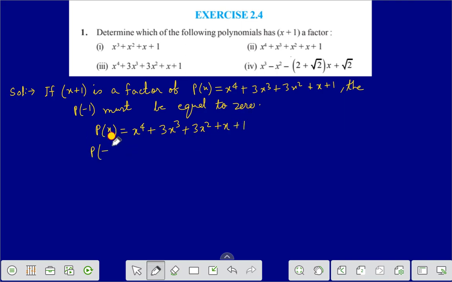P(-1) then we are getting (-1) to the power 4 plus 3 into (-1) to the power cube plus 3 into (-1) to the power square plus (-1) plus 1.